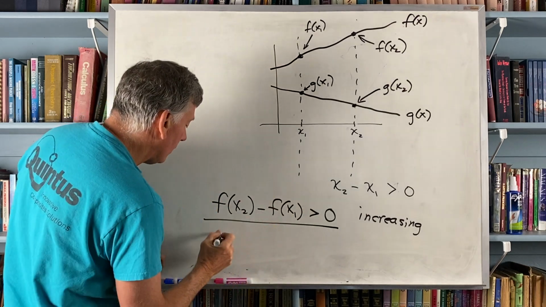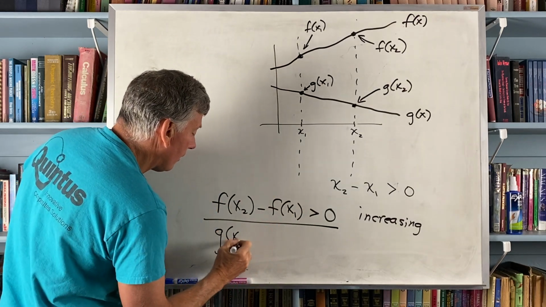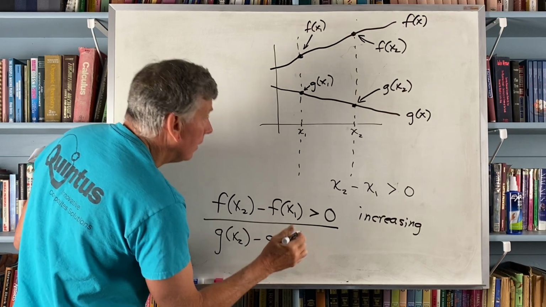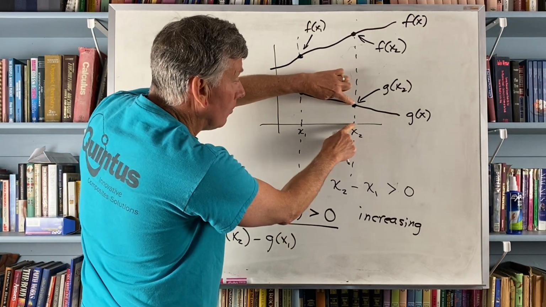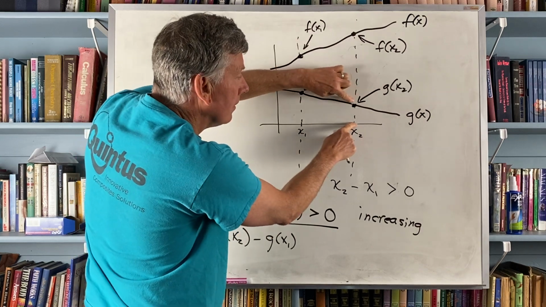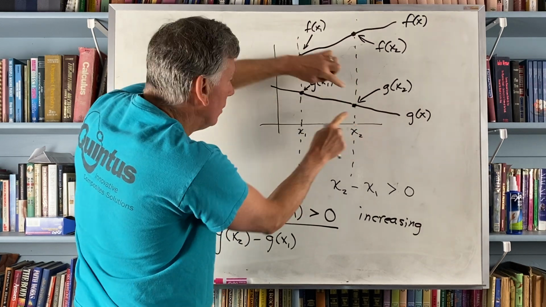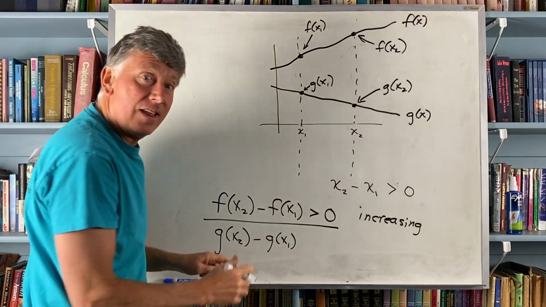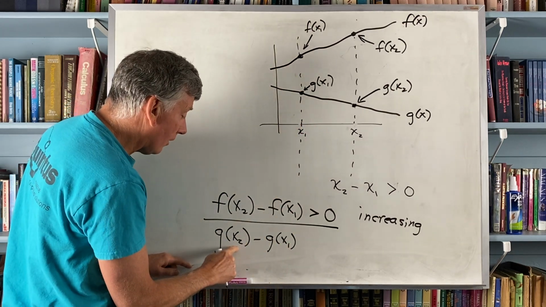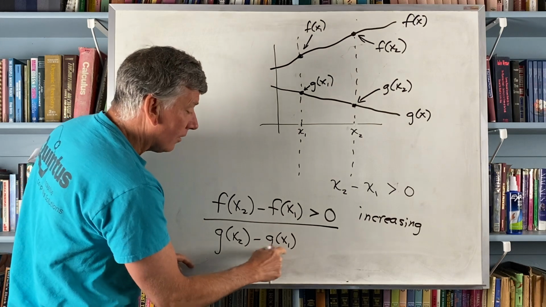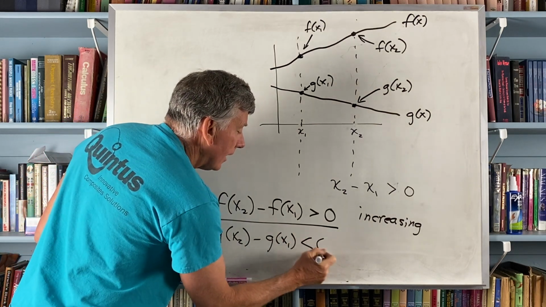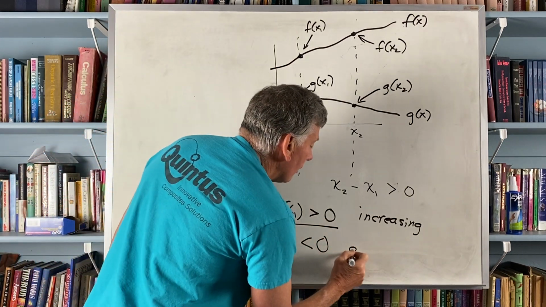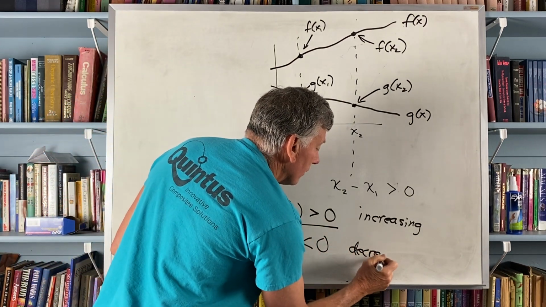In this case, this height is smaller than this height, which means that this difference, g of x sub 2 minus g of x sub 1, is going to be less than 0. When that happens, the function is decreasing.